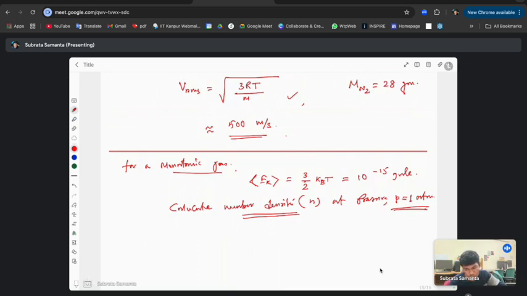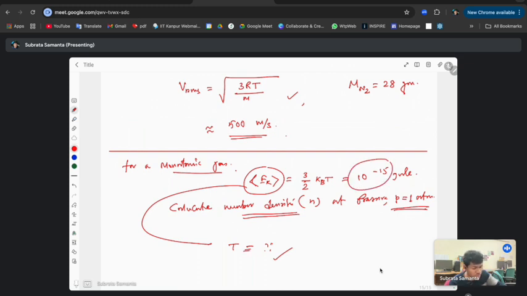So how to calculate? First of all, I think you know why the average energy is 3 over 2 kBT: because there are 3 translational degrees of freedom for a monatomic gas. From this we calculate the temperature T, because the average energy is given as 10 to the power minus 15 joule.